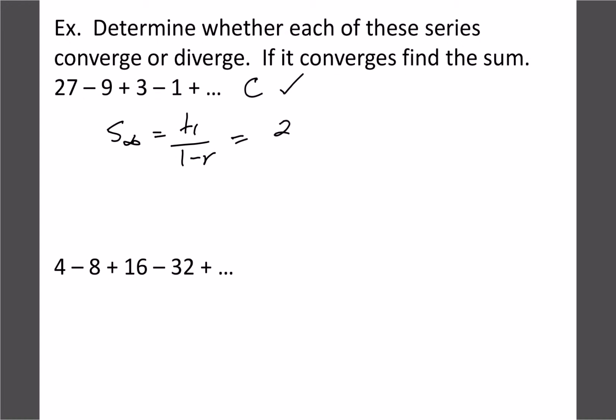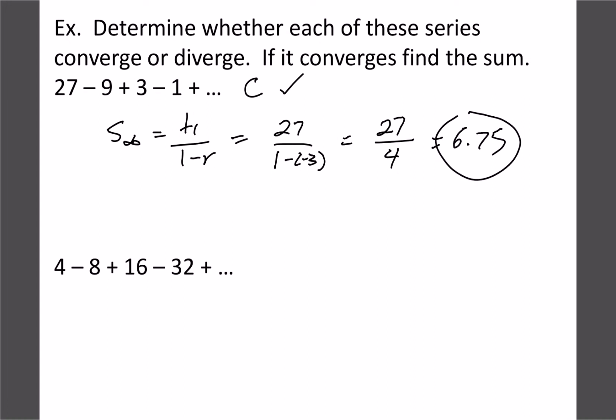So just put in term 1 is 27, and 1 minus r, our r is we're dividing by negative 3. So our final answer in this case should be just 27 divided by 4, which gives us 6.75. And if you're not sure, you could actually try this on our calculator: 27 minus 9 plus 3 minus 1 plus a third, and then minus a ninth.